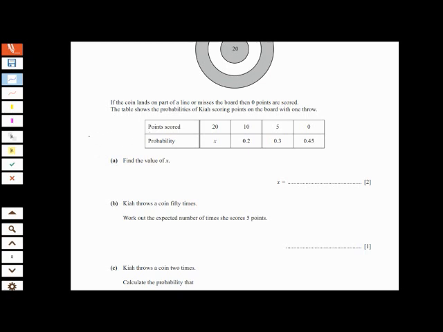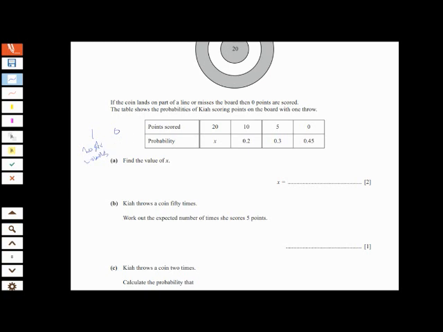One thing to know about probability is that it all adds up to 1. Probability is between 0 and 1, with 1 being most likely and 0 most unlikely.